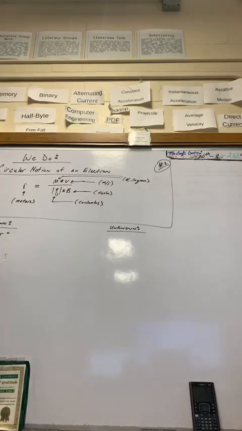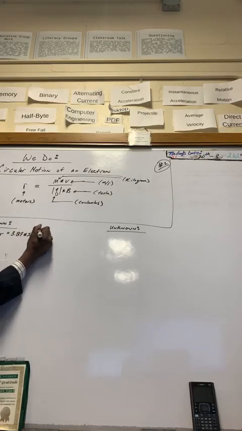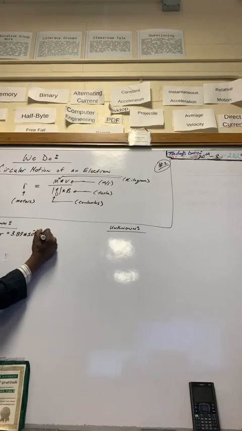So let's write it out. That's 3.89 times 10 to the negative 25, kilograms. If you don't know what I'm writing, you can look at the problem.